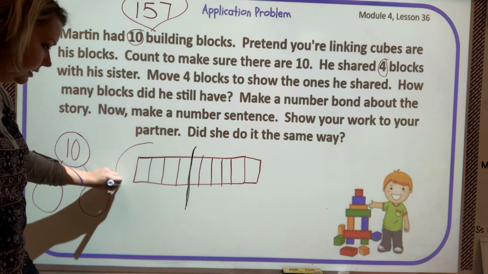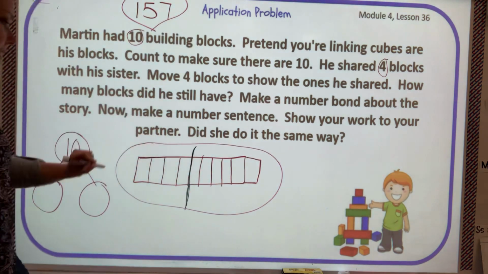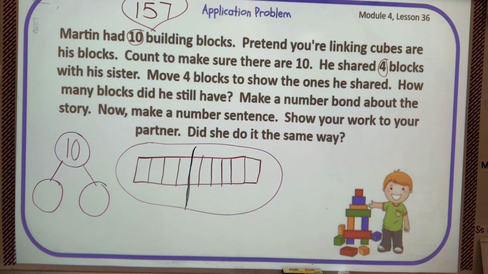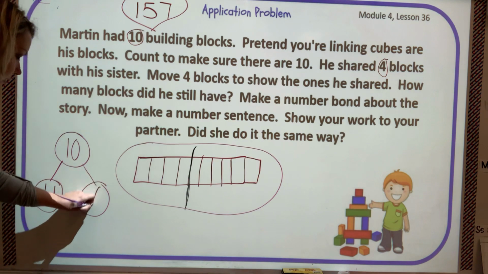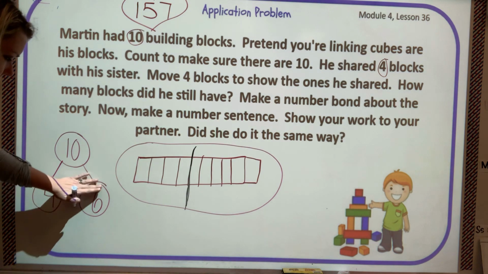We have 10 blocks all together. What are our 2 parts? Can someone tell me that? What are the 2 parts? 4 and 6. Awesome. 4 and 6. Oops, that's not a very good 6.